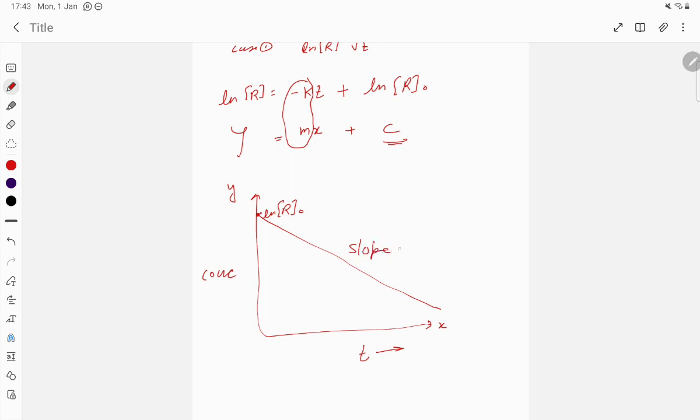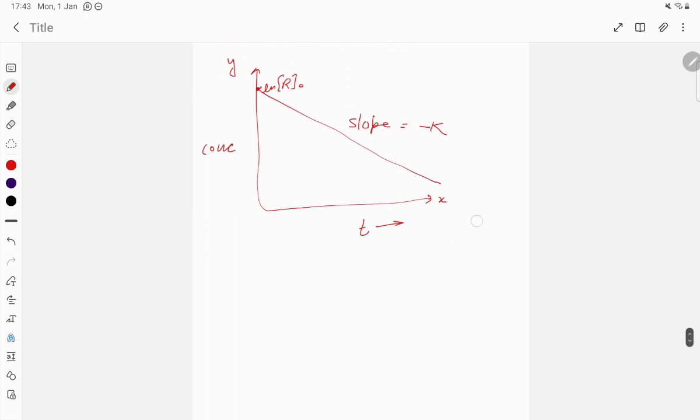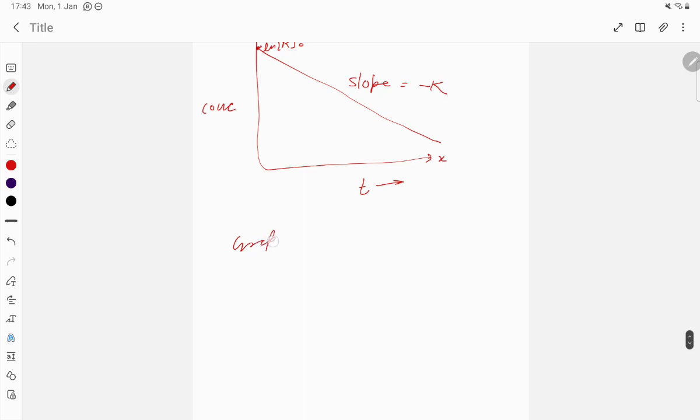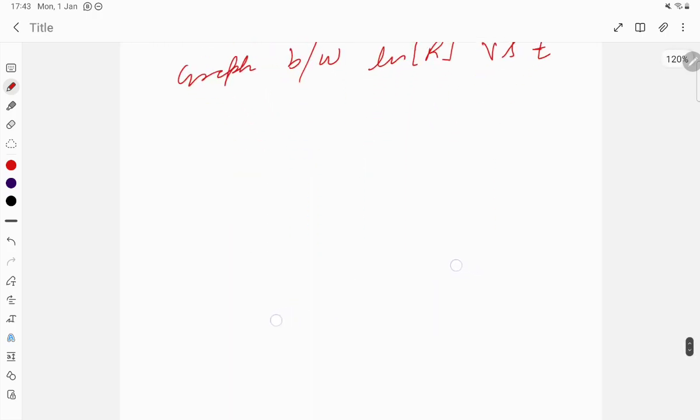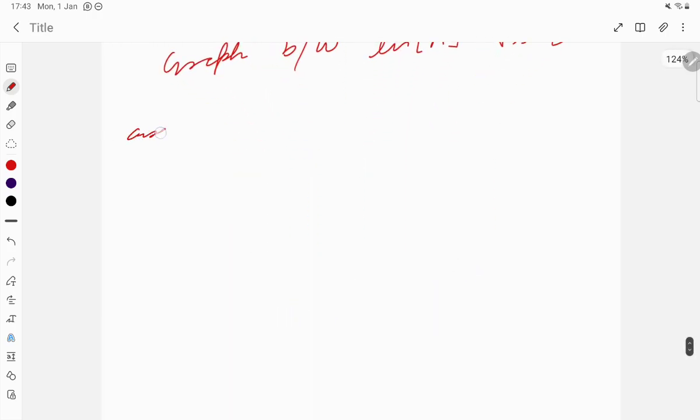So slope is equal to minus k, right. This graph is between ln r versus time.